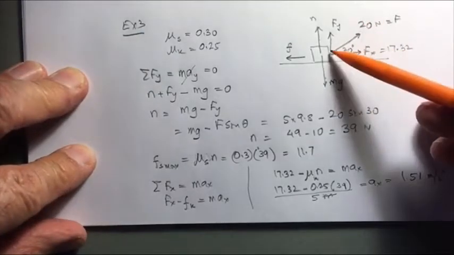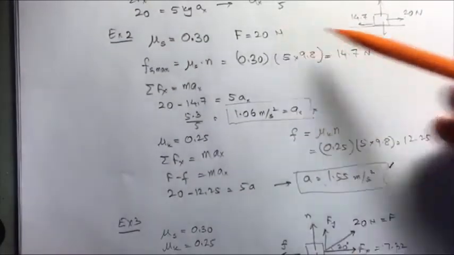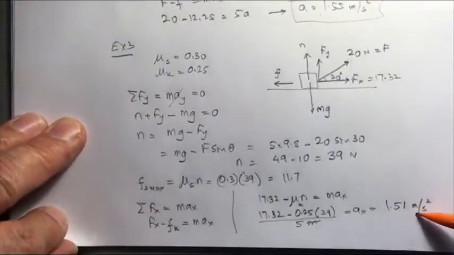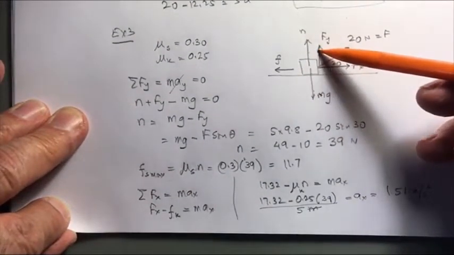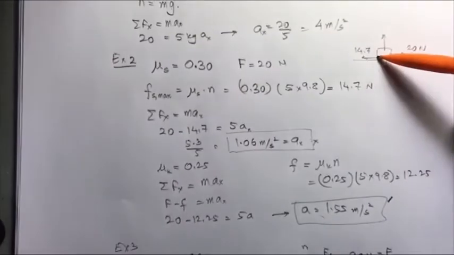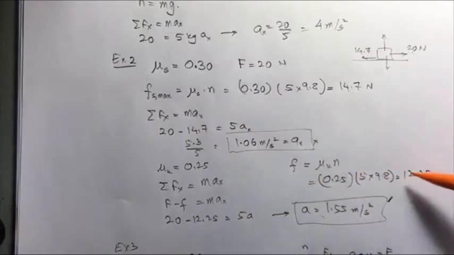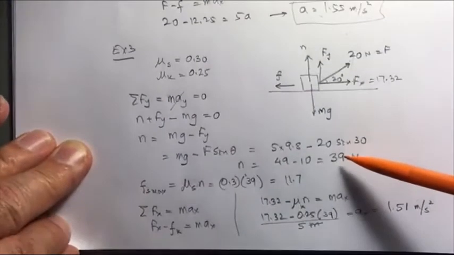So even though the horizontal component of the force is much smaller than what we have in the previous example, where it was 20 newtons, yet the acceleration is not very much different, and the reason is that the normal force has decreased. In the previous case, the normal force was 49, and in this case it's 39.